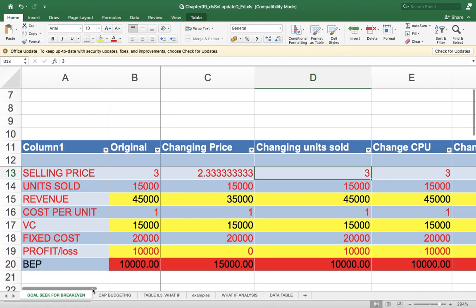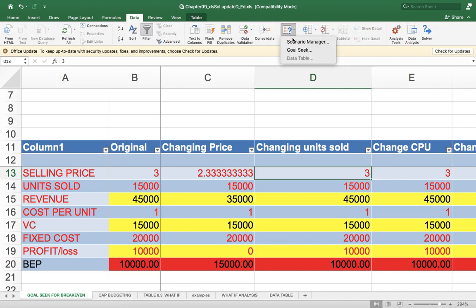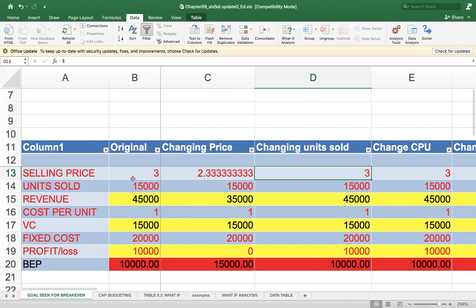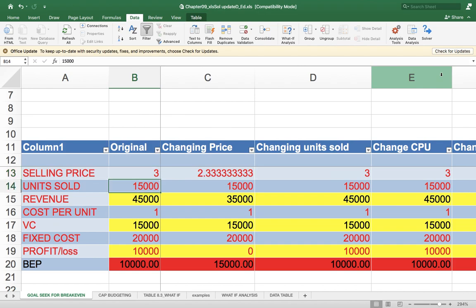And there is a very good tool called data table where you get the break even. You see here, for example, original selling price, for example, $3, units sold is 15,000, revenue will be 45,000, cost per unit is equal to 1, variable cost is 15,000, fixed cost will be 20,000, profit will be equal to 10,000, right?